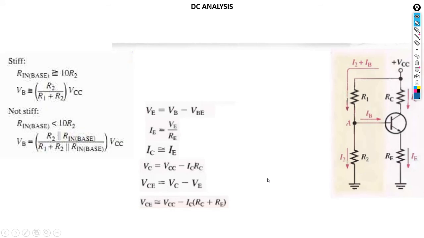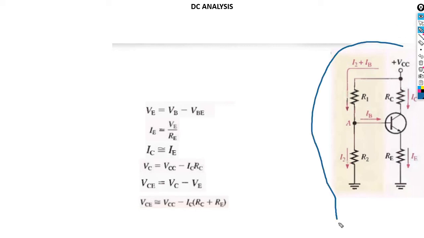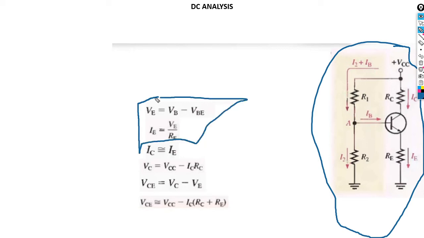Okay, and then DC analysis, as I said, remember, is we are combining DC and AC. In a DC circuit, what we're gonna have in our circuit is only this. We're gonna consider only this part. Can you see? When you're doing a DC analysis of an amplifier. And therefore, to do our calculation, we say it's gonna be all this calculation here, but we're gonna stop at I emitter, because I emitter, the emitter current, will help us to calculate the internal resistance for the AC circuit, so that we can calculate the R in base for the AC circuit.